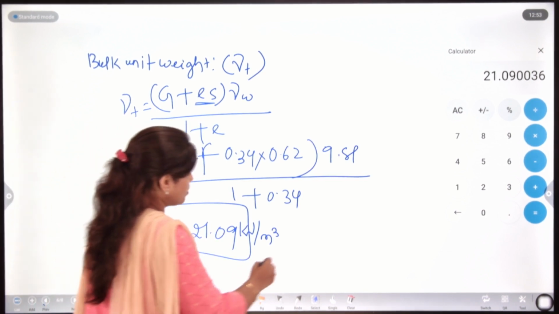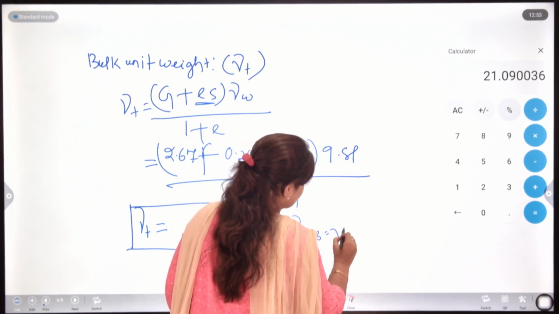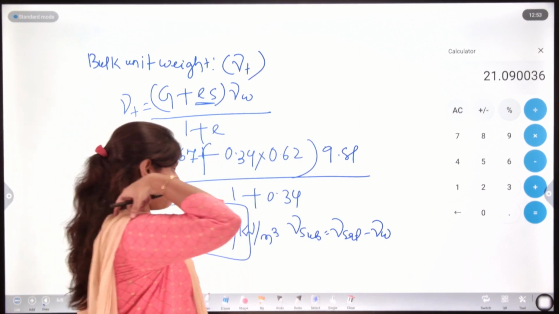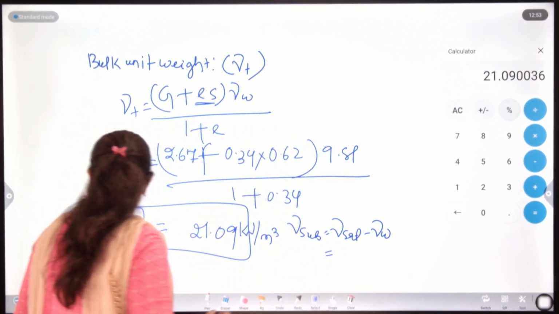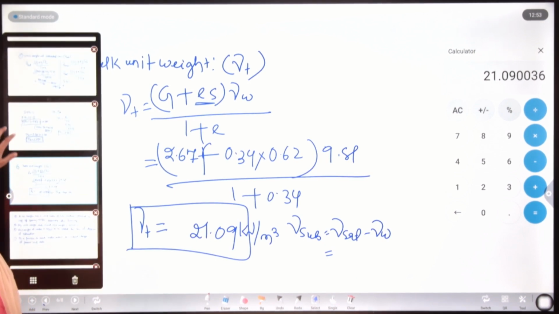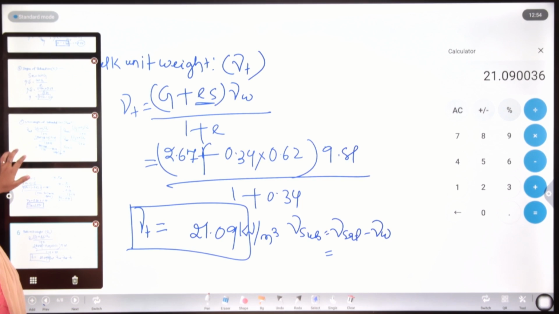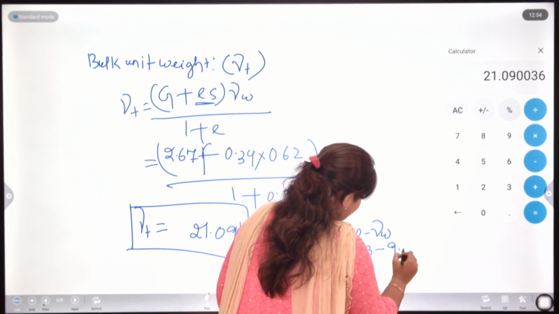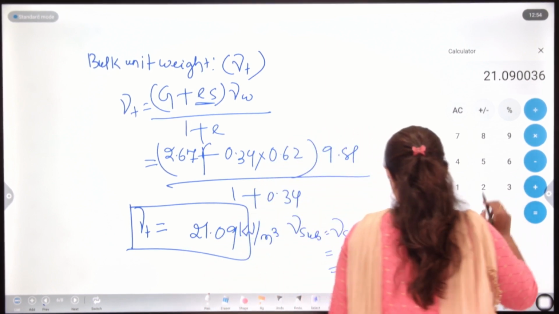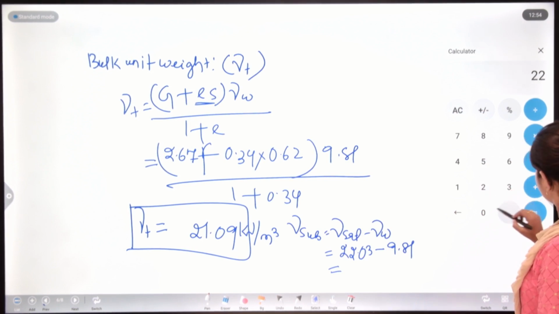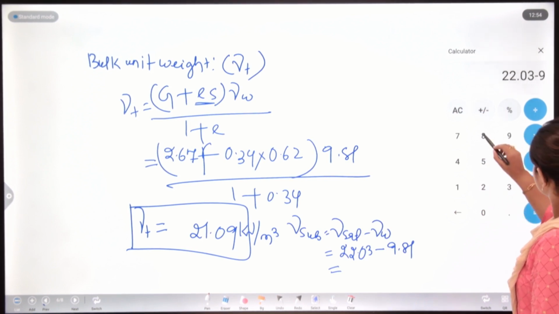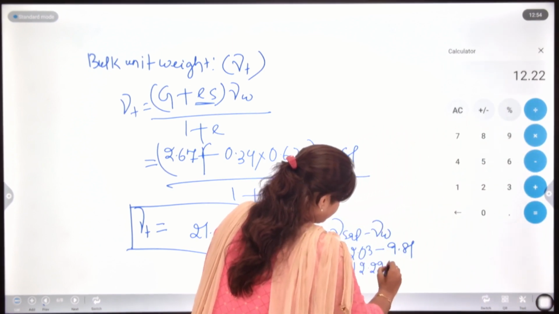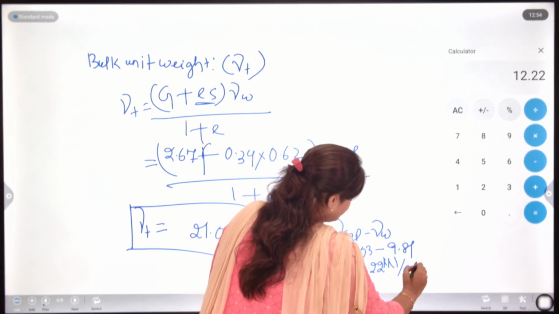Next is your gamma submerged. As we know, gamma submerged is equal to gamma saturated minus gamma W. Gamma W is your unit weight of water. So gamma saturated is 22.03. 22.03 minus 9.81, so it will become 12.22 kilonewton per meter cube.